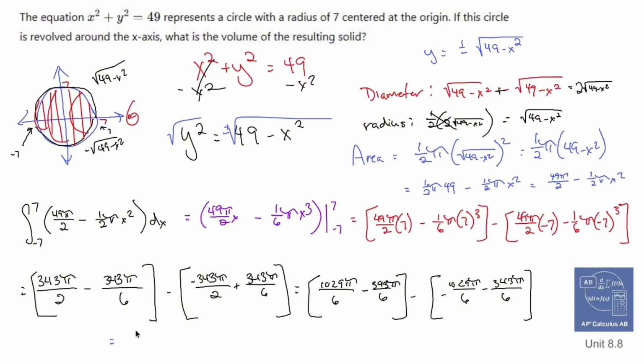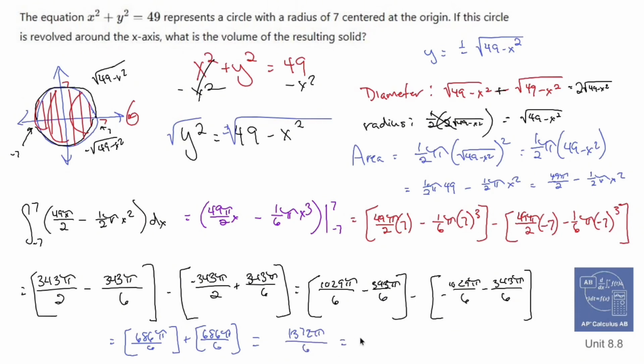That will be 686 pi over 6 plus 686 pi over 6, which is going to total out to 1,072 pi over 6.